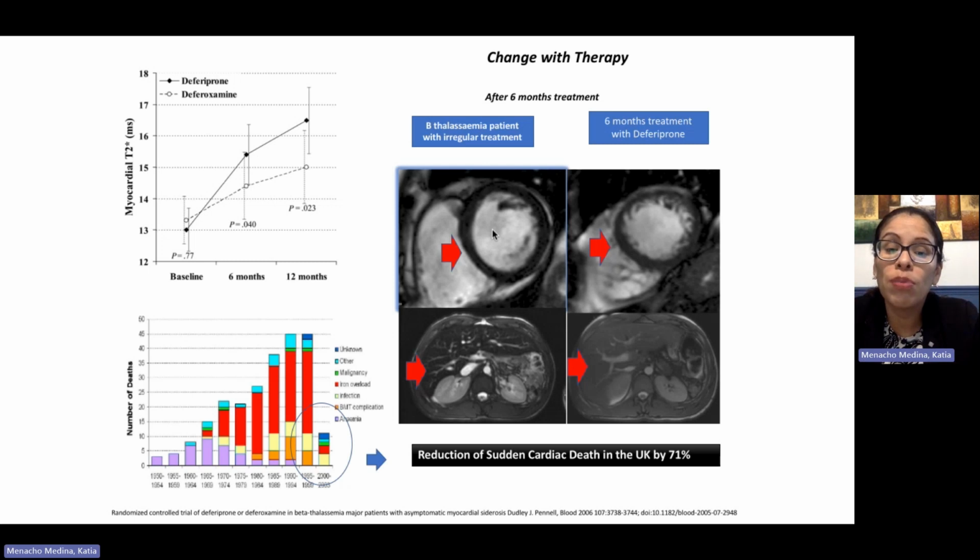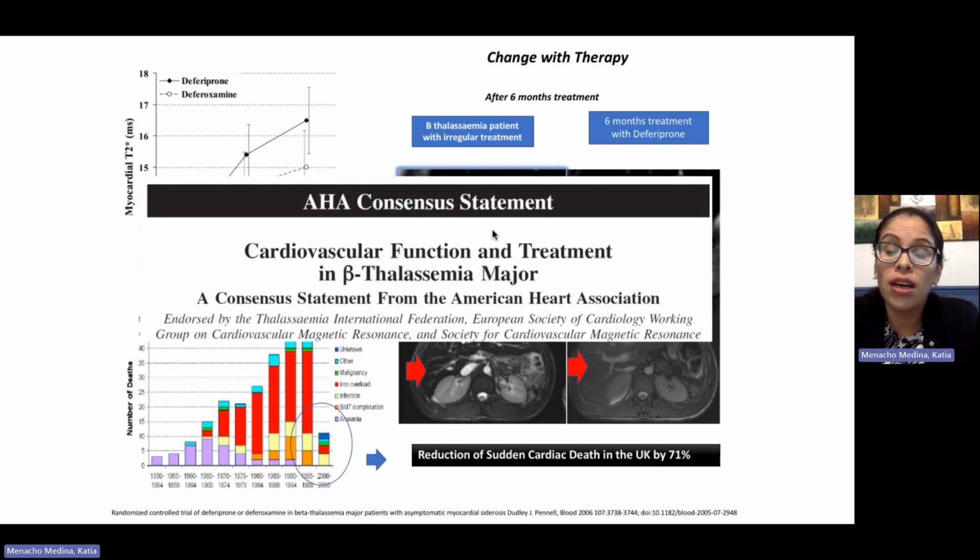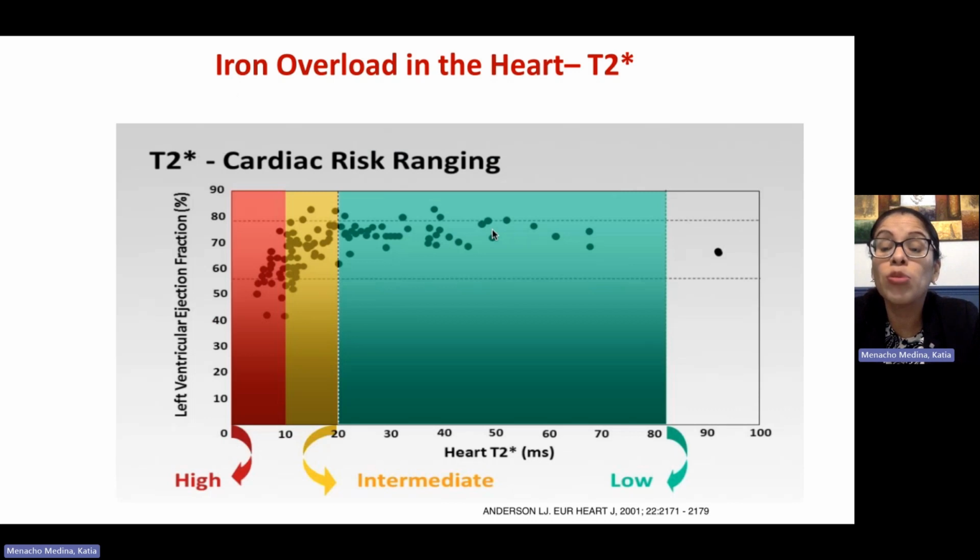This has an impact on patients' treatment, because in the UK there has been a decrease of sudden cardiac death once T2 star was implemented as part of the diagnosis and monitoring of treatment. In 2000, the mortality of these patients with thalassemia dropped by up to 71%.